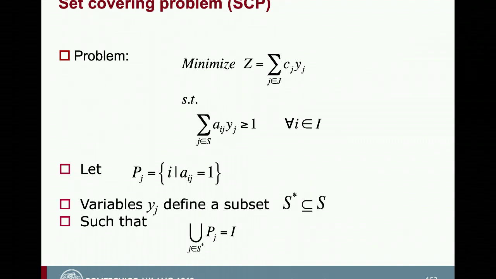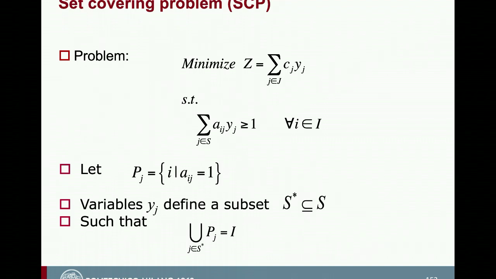If we sum over all possible candidate sites, considering the decision variables yj, of course, we have a total cost. So the constraint that we have is that all test points are covered. So this is the sum over j of aij yj that must be greater or equal to 1.